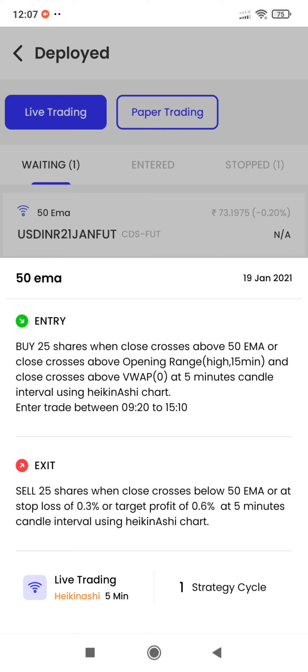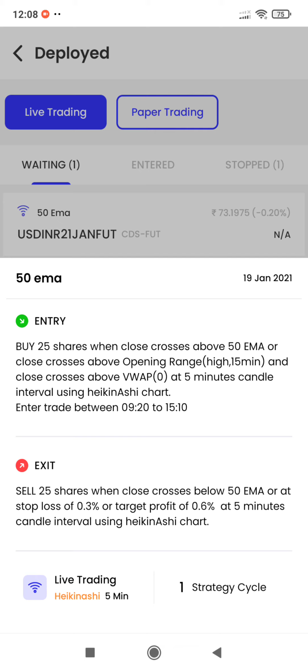The following conditions: I will buy 25 USD INR futures if USD INR crosses above 50 EMA or closes above the opening range, that is the 15 minutes range. And with one of these conditions I will combine if USD INR's close price crosses above VWAP.